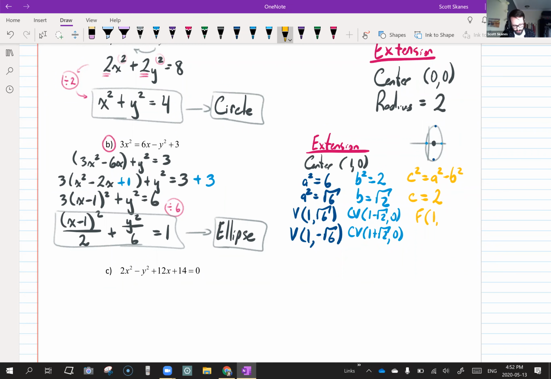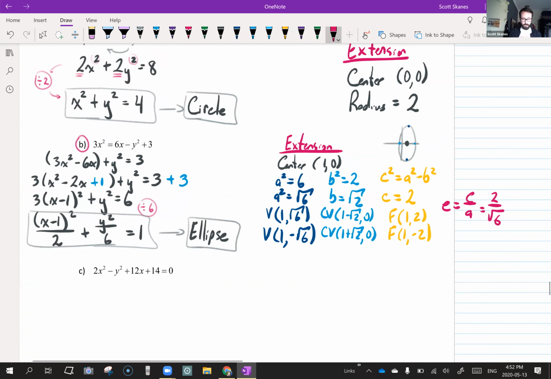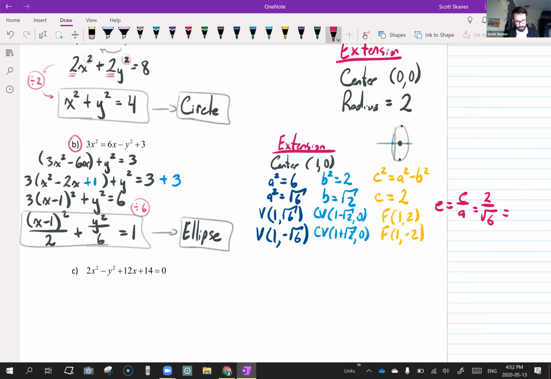So this is 1 and 2, 1 and -2. And the eccentricity I'll write to the side. C over A. So it's 2 over √6, which is root 6 over 3 if you simplify it.